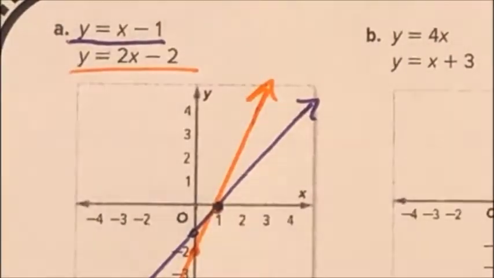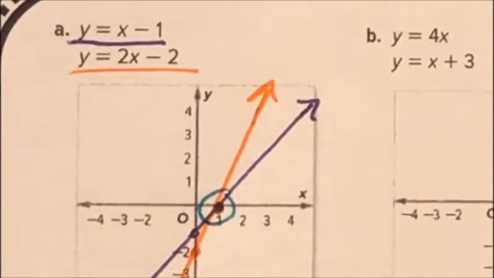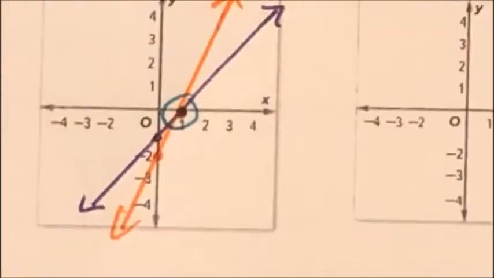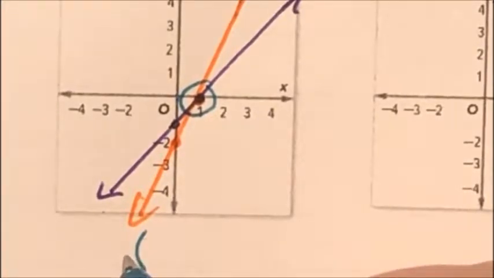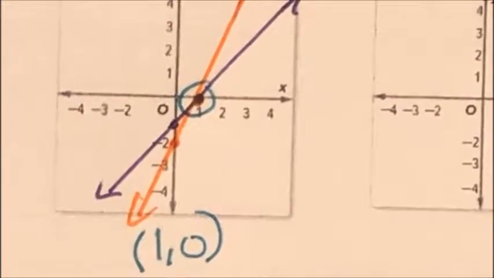So the point where they intersect is right there. So my answer for letter A is going to be 1, 0.